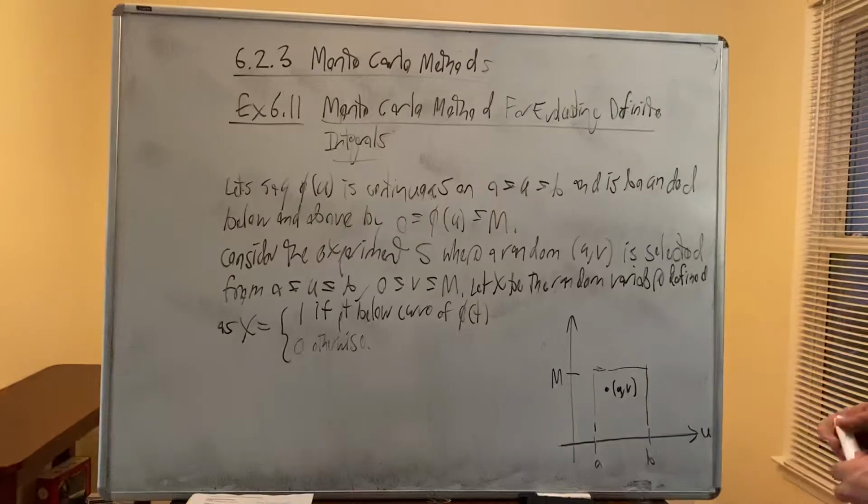Okay, so X is 1 if the point is below the curve phi and 0 otherwise.